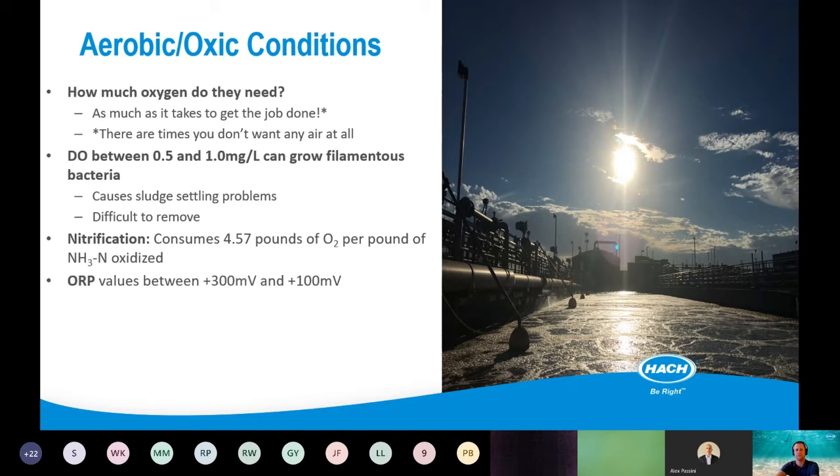And some interesting points, the nitrification cycle consumes 4.57 pounds of oxygen per pound of nitrogen oxidized. And if we're referring to ORP values in an aerobic zone, we will be looking at positive millivolt values between 300 and 100 millivolts.